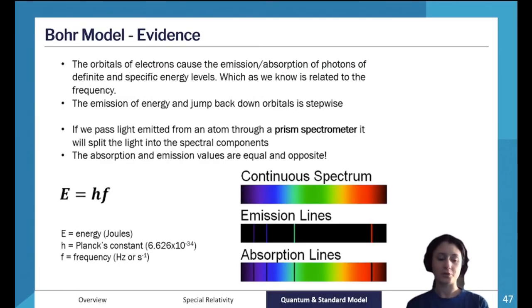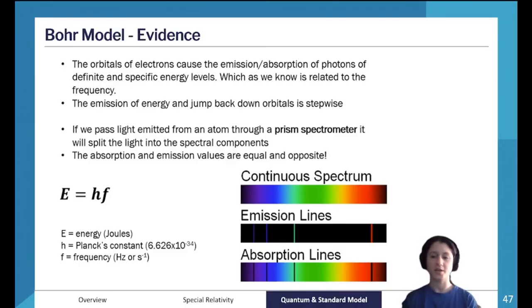So let's get on to some evidence of the Bohr model. As you can see here, I've shown you what a continuous spectrum looks like, all right, with all the colors. And then we have the emission lines and the absorption lines. So the emission lines show what frequency of light is being emitted, all right?